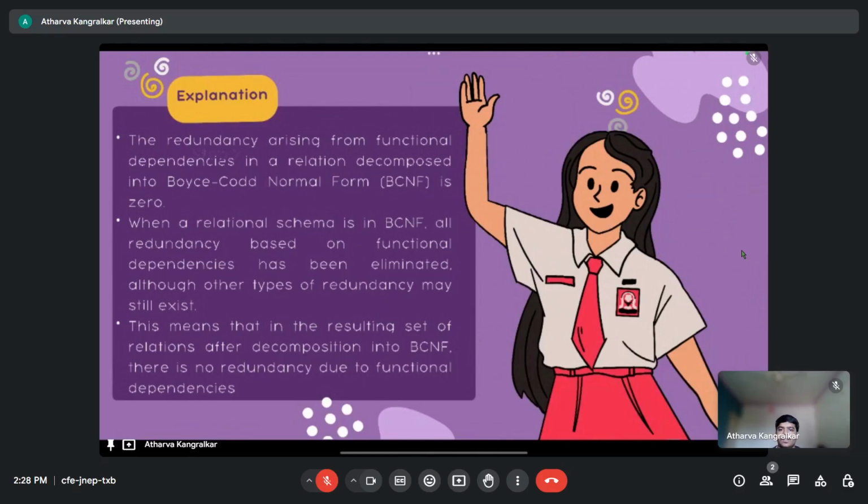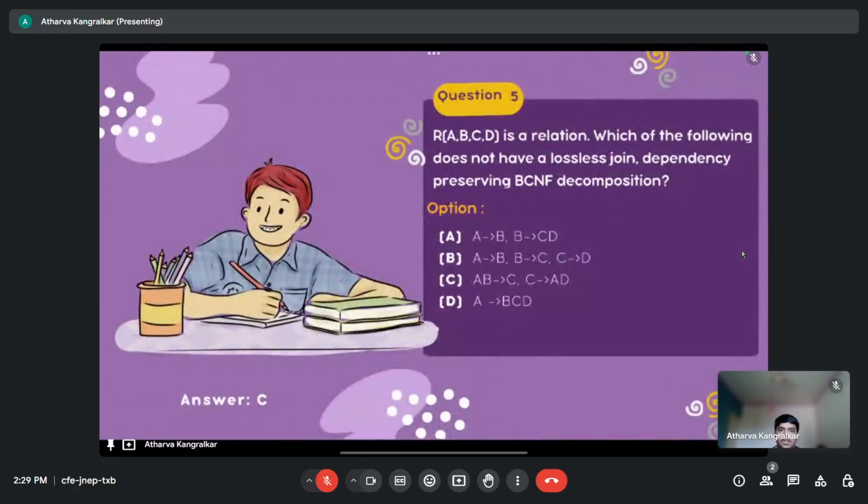When a relational schema is in BCNF, all redundancy based on functional dependencies has been eliminated, although other types of redundancy may still exist. This means that in the resulting set of relations after decomposition into BCNF, there is no redundancy due to functional dependencies.